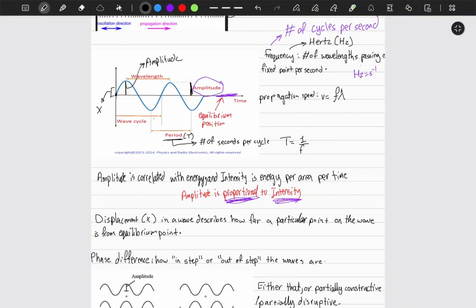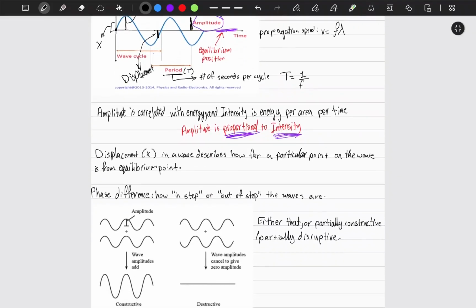So, for example, if I was asking you about this distance right here from the equilibrium position to this specific point, that would count as displacement.